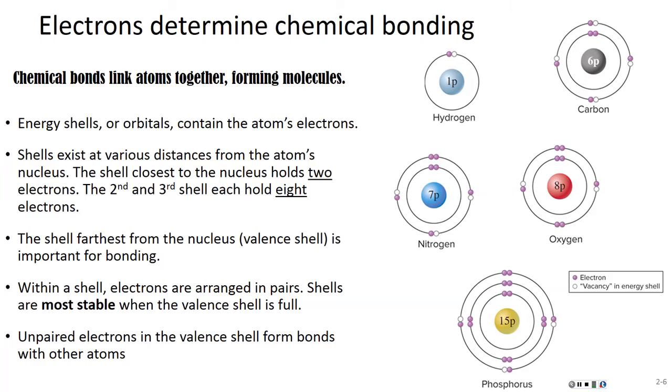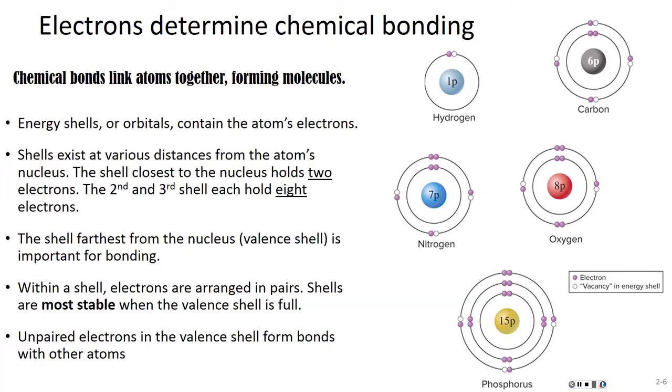So whenever we have an atomic number, let's pretend that our atomic number is 6. Remember that tells us that we have 6 protons, but because we're dealing with chemically neutral molecules, if we have 6 protons, we're also going to have 6 electrons. So we know that there's 6 electrons somewhere around this nucleus. So where are they? Closest to the nucleus is shell number 1, and this one can only hold 2 electrons. That's it. So we know that 2 of the 6 are in this vicinity closest to the nucleus. Outside of that is the next shell, and this one can hold up to 8 electrons.